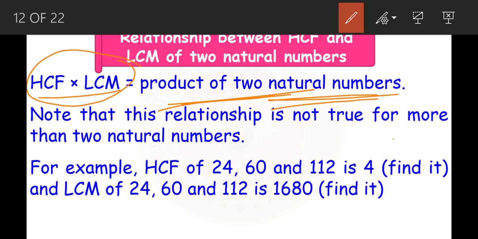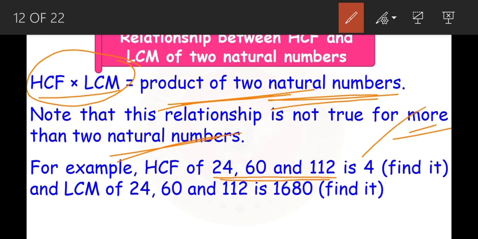If they give more than two natural numbers, this relationship will not work. Suppose let's see one example with three numbers. So here 24, 60, 112. We have three numbers.